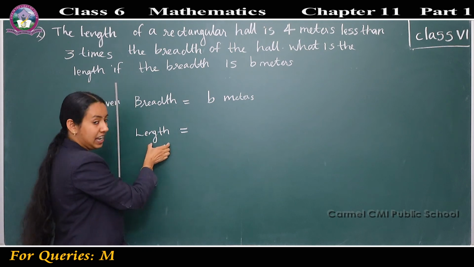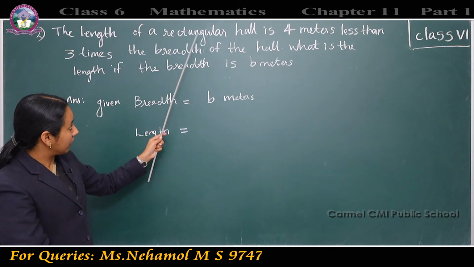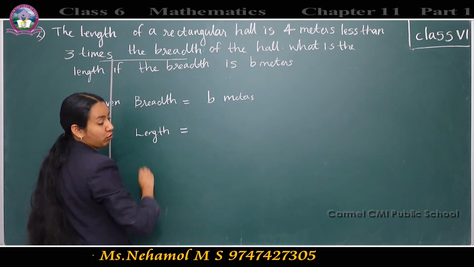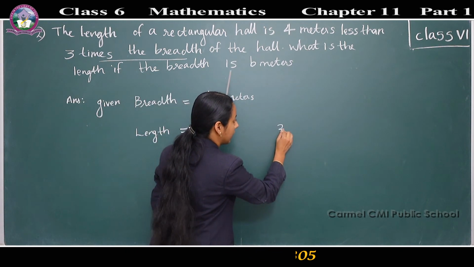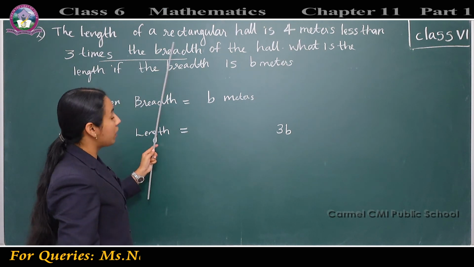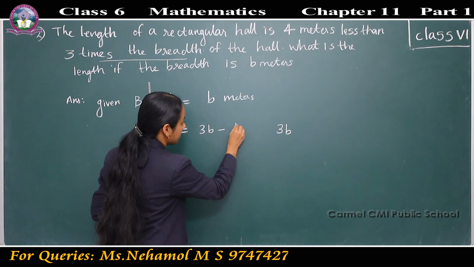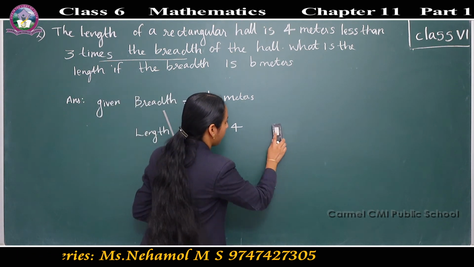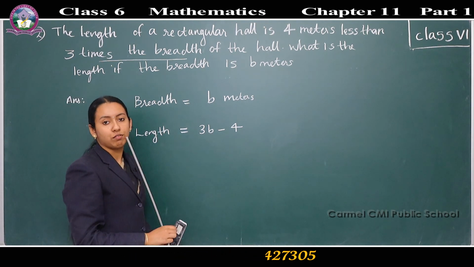Then we have to find the length. First we have to find 3 times the breadth. That means 3b. Then 4 meters less than 3 times the breadth. That means 3b minus 4 meters. The length of the hall is 3b minus 4 meters.